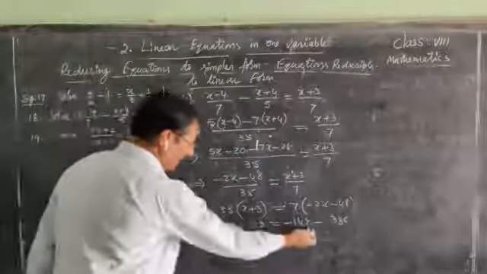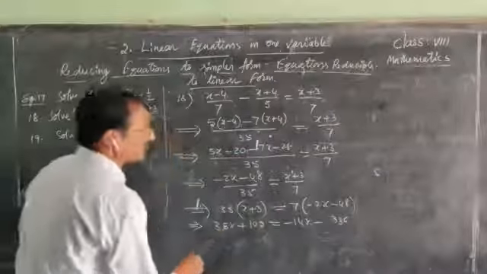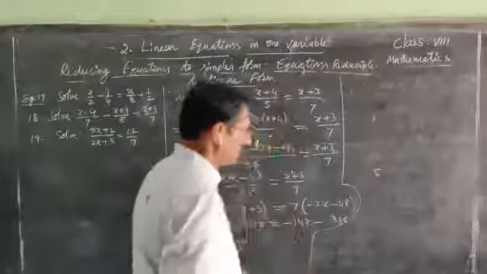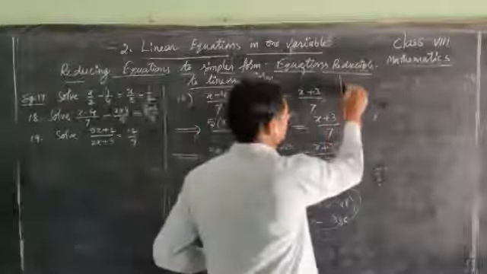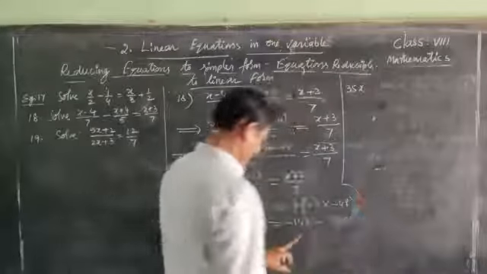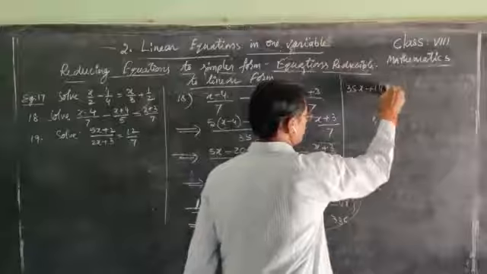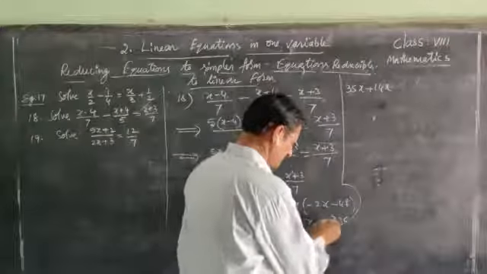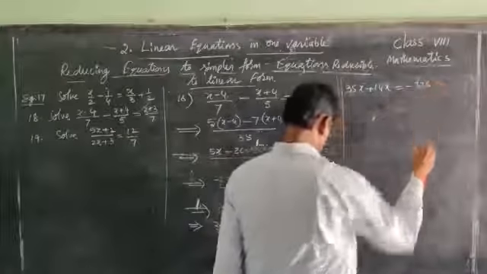Now this side and this side 105. Now I am going to write here, you observe clearly. What is 35x? It becomes the left side plus 14x, minus the term on the right side, that is minus 336.